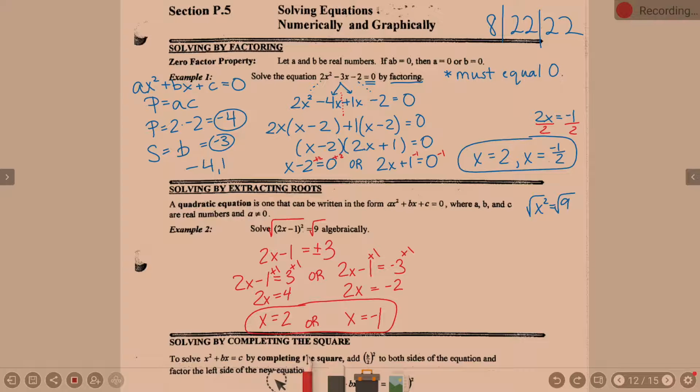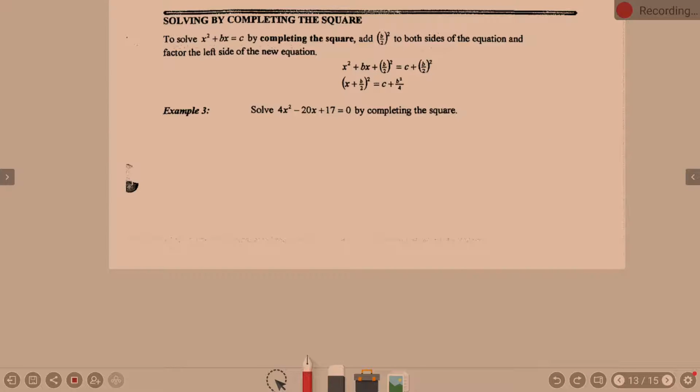Okay, because that leads us into the bottom. The bottom is one of our favorites, I know. We all love completing the square. No, not the case. Okay, well, we worked on it last year in Algebra 2, so it's not brand new by any means.